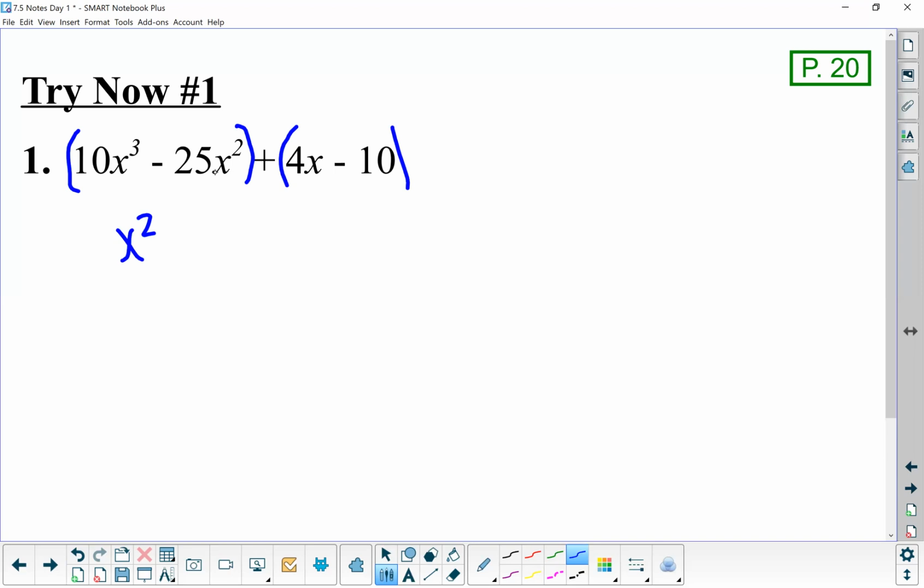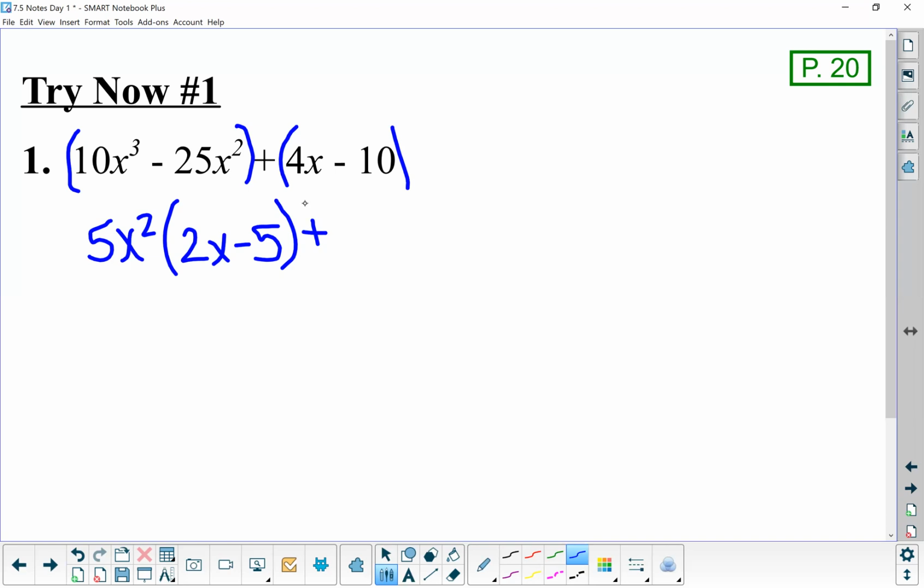Also, 10 and 25 are both evenly divisible by 5. Now, what I have left, 10 divided by 5 is 2. I had x cubed. I factored out an x squared. That leaves me with an x. 25 divided by 5 is 5. I had an x squared, but I factored it out. So there's my first term with my greatest common factor removed.